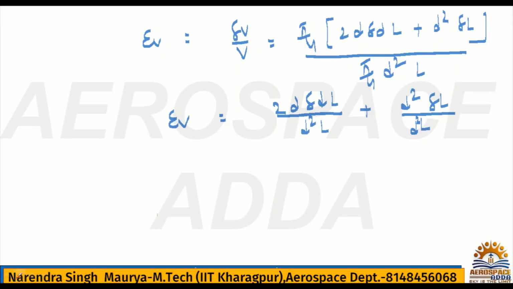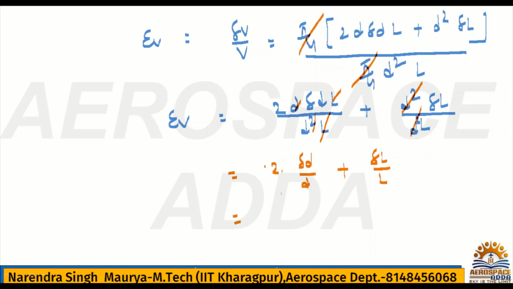In the denominator you have only d square L. So just segregate this. One d will cancel out, and L cancels out. You have 2 into dou d by d, plus, see here, d square cancels out, here you have dou L by L.